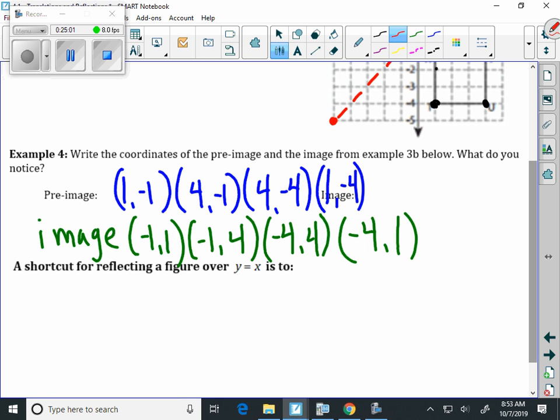And 1, negative 4 became negative 4, 1. All you have to do for reflecting a figure over the line y equals x is to reverse the points.